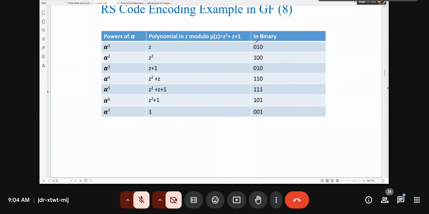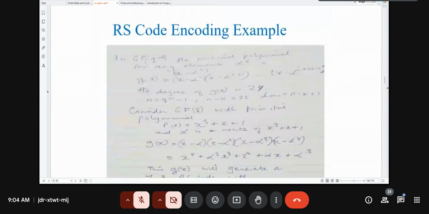The symbols are made of binary bits, so we are doing GF(2). Actually, you can still use other GFs to create these RS codes, but let's deal with the binary case, because in any case we are transmitting binary. Even if you use others, you still have to convert to binary.